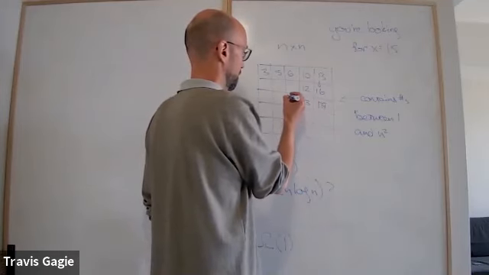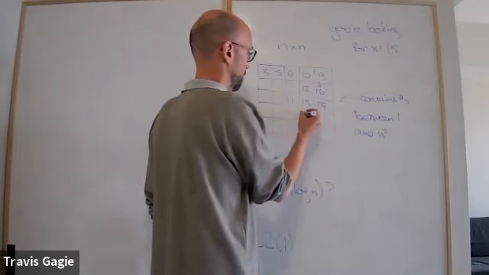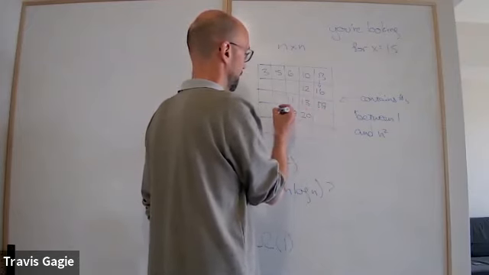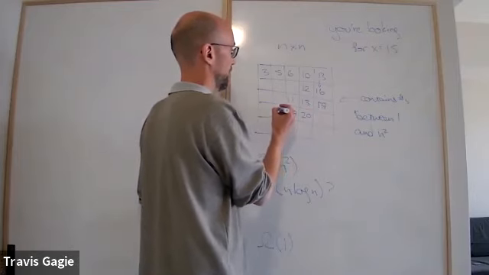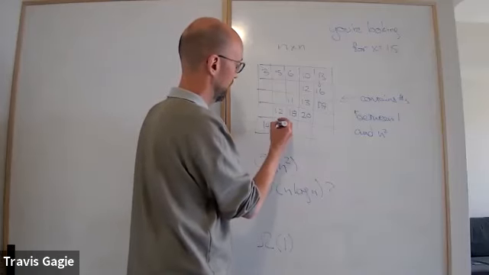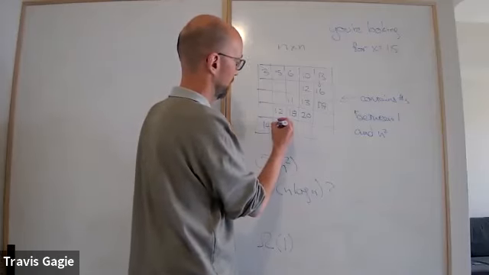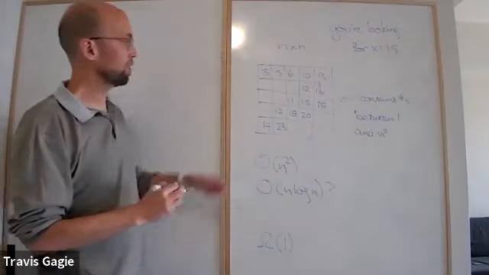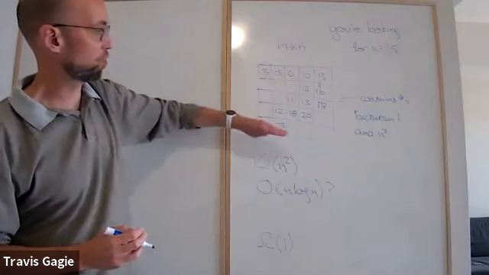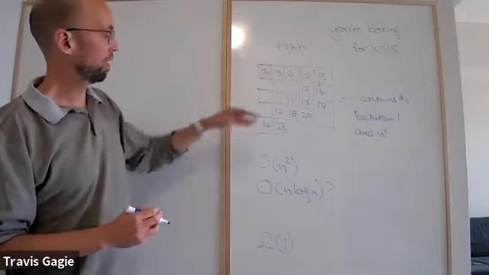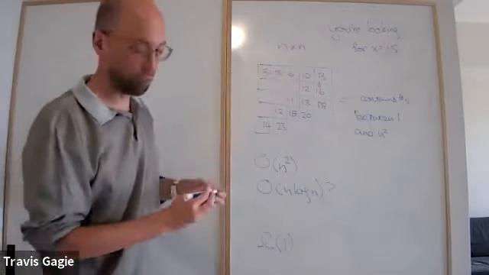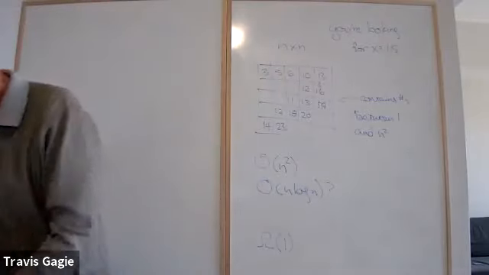And then this is 11, this is 20, and this is 18, and this is 12, and 14, and 23. Something like that. And we don't even really care about these because we never need to look at them, because the rows and columns are sorted. So you don't need to look at these, you just walk down and trace this line.